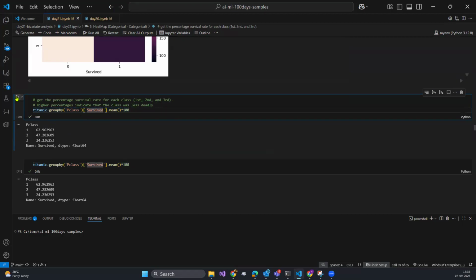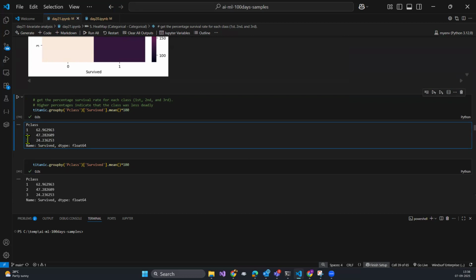With this, I'm able to see that class 1 survival percentage was 62, class 2 survival percentage was 47, and class 3 survival percentage was 24.